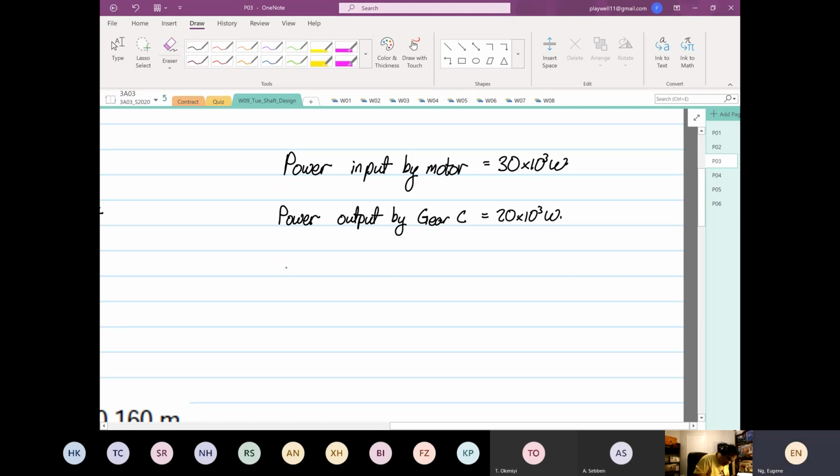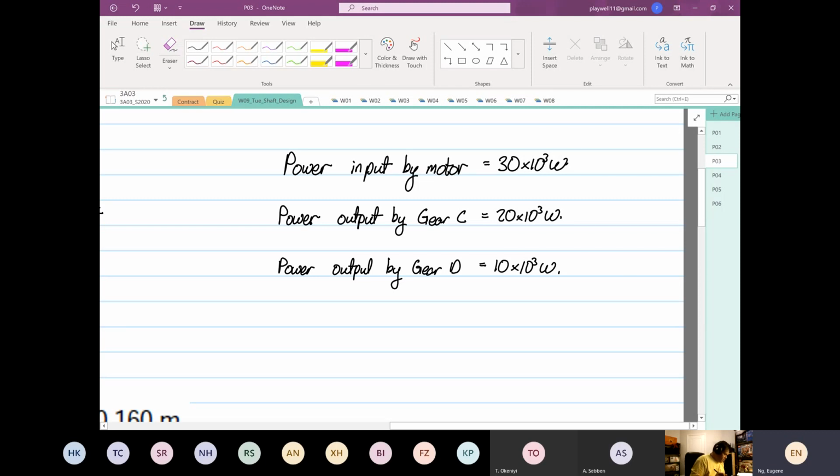And power output by gear D is equal to 10 times 10 to the power 3 watts.